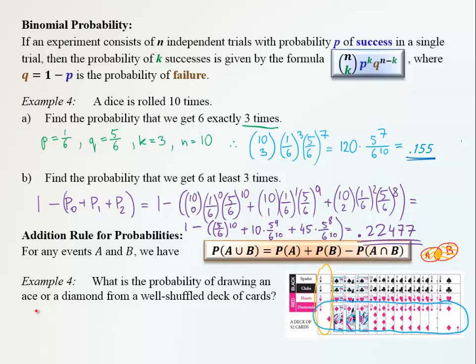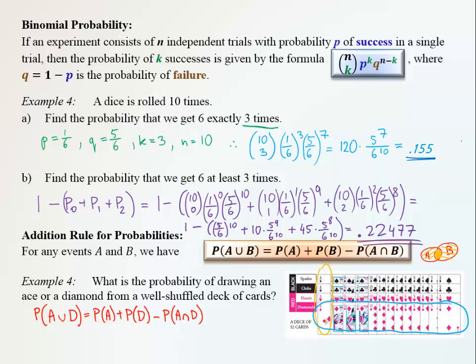Therefore, if I want to calculate the probability of obtaining an ace, let's call it A, or diamond, let's call it D, and or will be union, then this is the same as probability of A plus probability of D minus the probability of intersection, A intersected with D. So what's P of A?